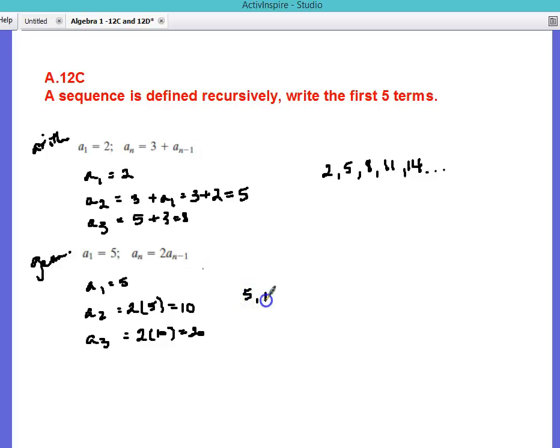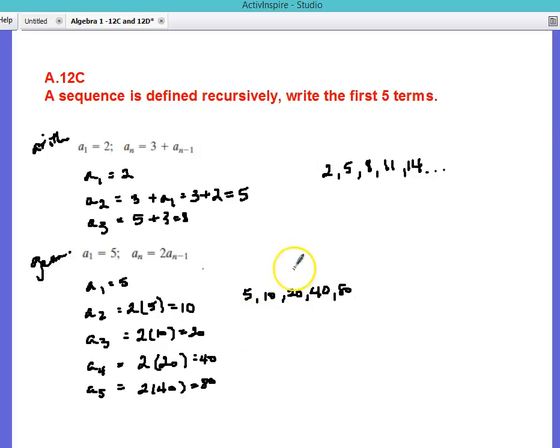So 5, 10, 20, and we can do this a few more times. A sub 4 and A sub 5. Two times 20, 40, times 40, 80. Sorry, my computer's slowing down more and more, so I'm getting a little messier here.